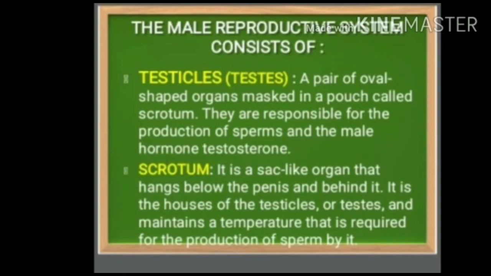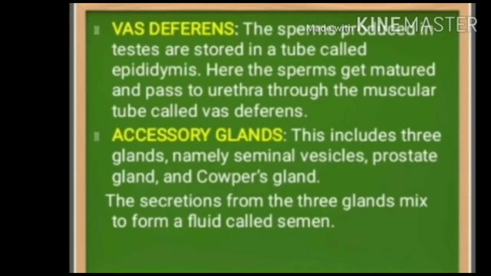Scrotum. It is a sac-like organ that hangs below the penis and behind it. It is the house of the testes and maintains the temperature that is required for the production of sperm.